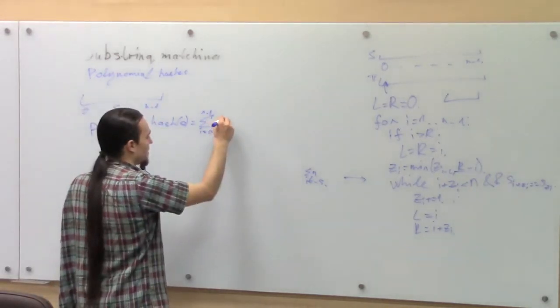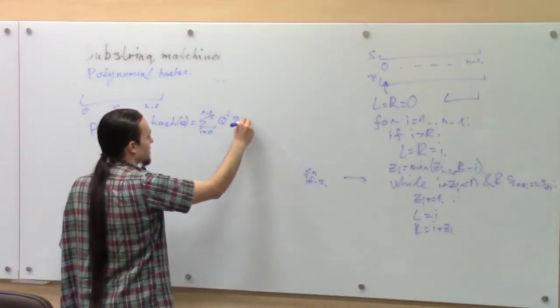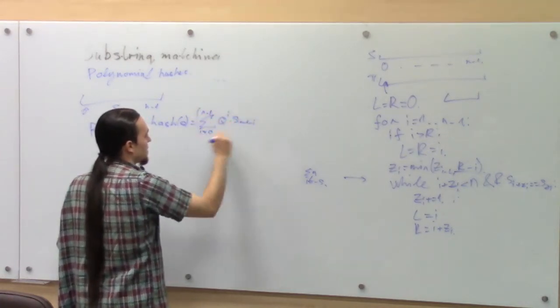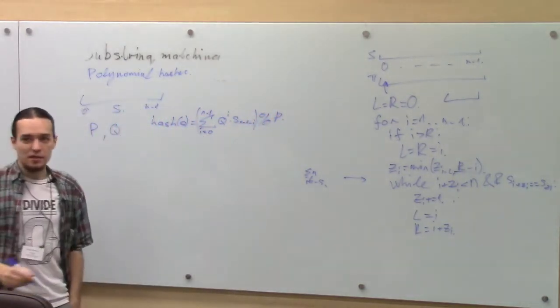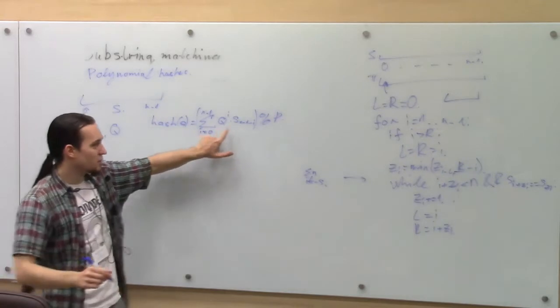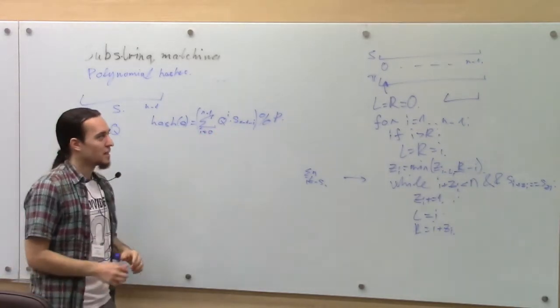It's basically q to the ith times s n minus 1 minus i, and that's modulo p. Okay, so it's basically a polynomial in q, and characters are coefficients if you represent them in numbers.